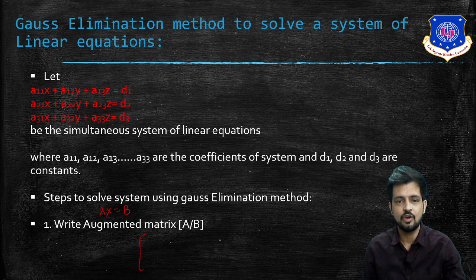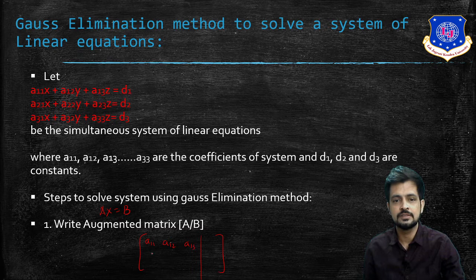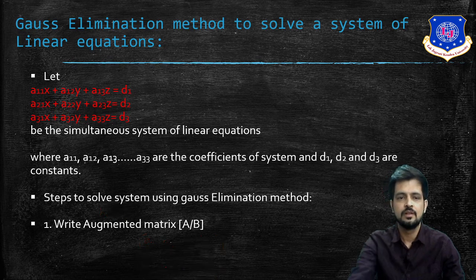The augmented matrix can be written like this: A slash B. Here we write all the coefficients: A11, A12, A13, A21, A22, A23, A31, A32, A33, and here we write D, that is D1, D2, D3, the constants.